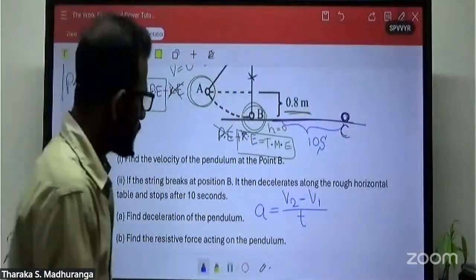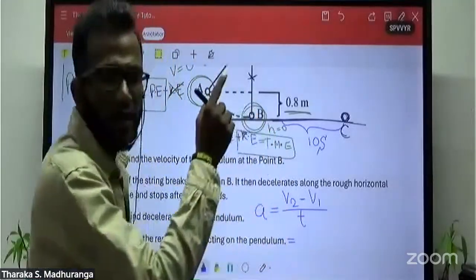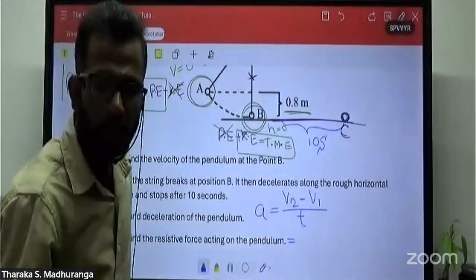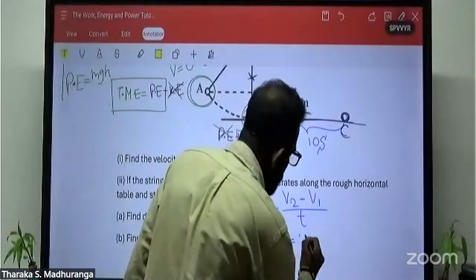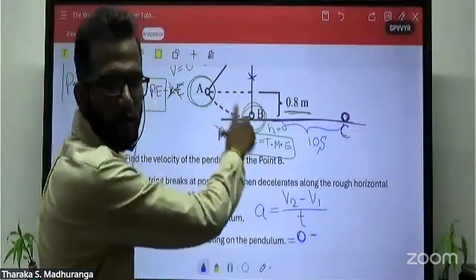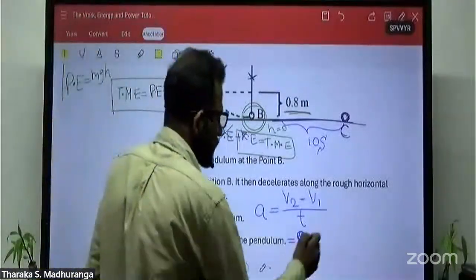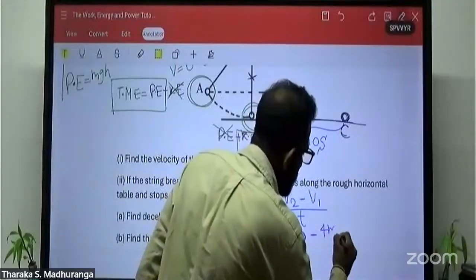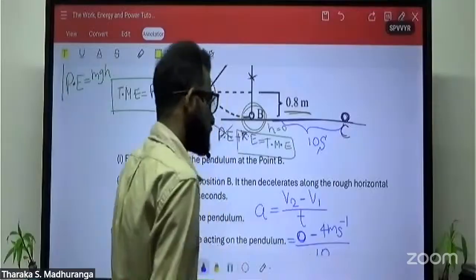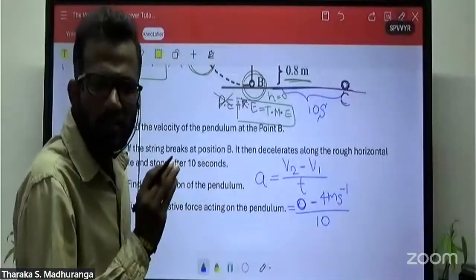Then V2 is the final velocity at the C point. It is stopping, so V2 is 0, minus V1, the velocity we found previously, which was 4 meters per second, over 10 seconds. Then what is our answer?